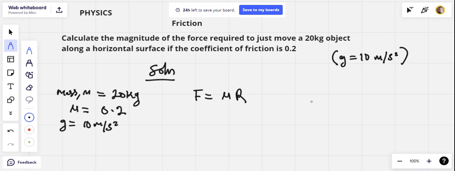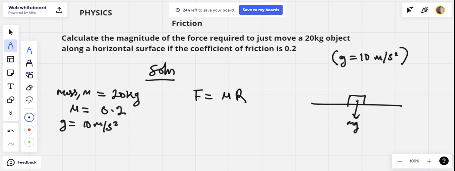And what is normal reaction? Normal reaction is the force that is equal to the weight of the body but acts in opposite direction to the weight of the body. Like for instance, if you have this plane here and something is resting on it, the weight of this object acts downward. And weight is what? Mass times acceleration due to gravity.